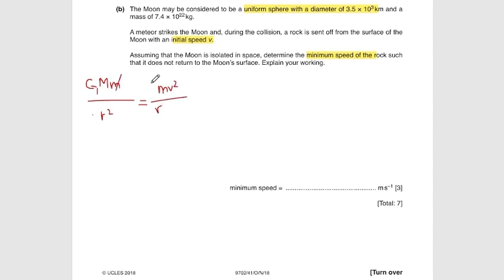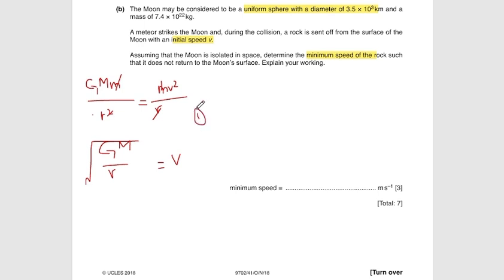This m cuts out, one of the r cuts out, and we're left with v equals the square root of GM over r. This is one formula.